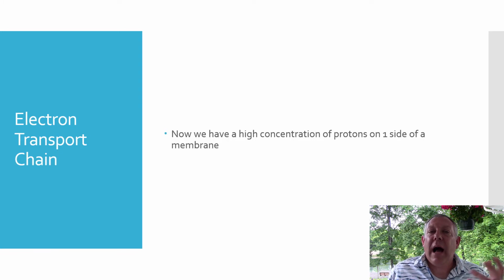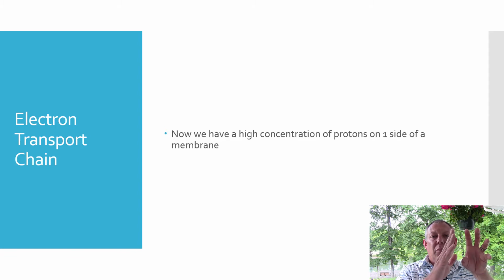So we've got a high concentration of protons on one side of a membrane. Well, what happens when you have a high concentration of something on one side of a membrane? They want to diffuse down their concentration gradient. They want to go back to the area of low concentration, right? Just like anything else. This is why we made such a big deal about diffusion.